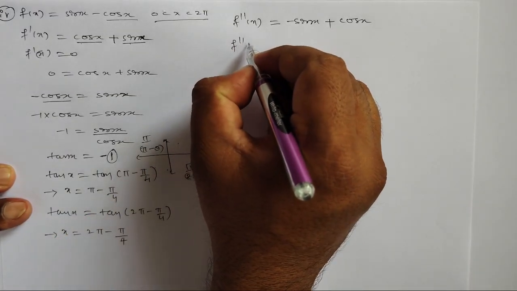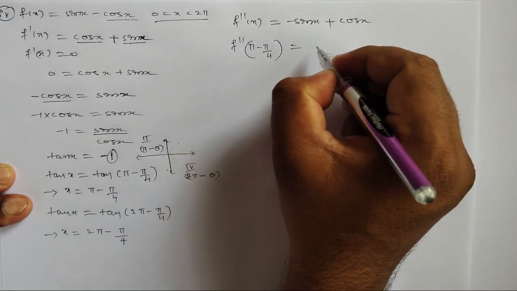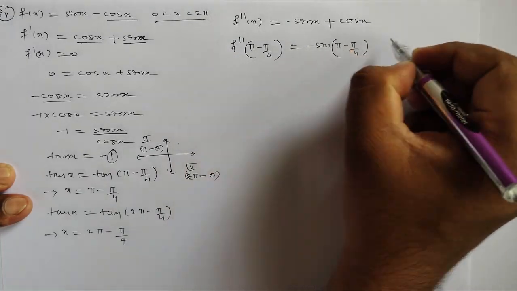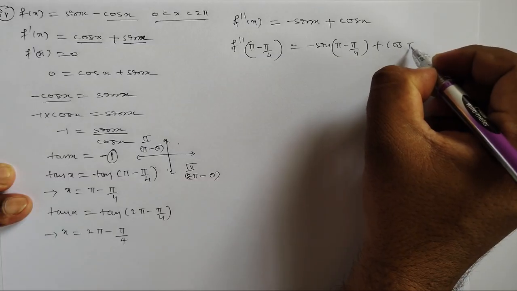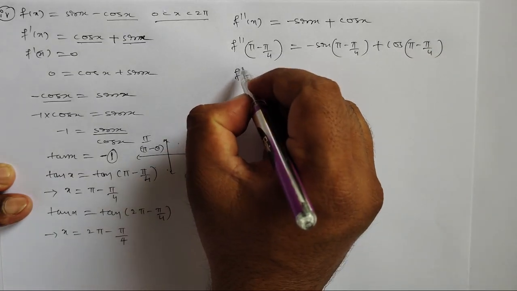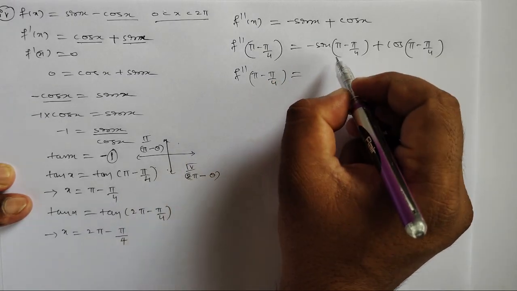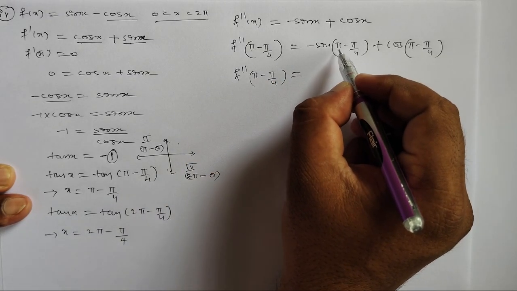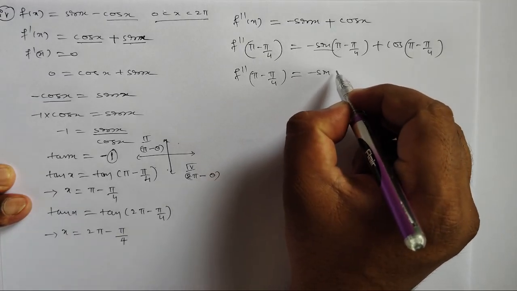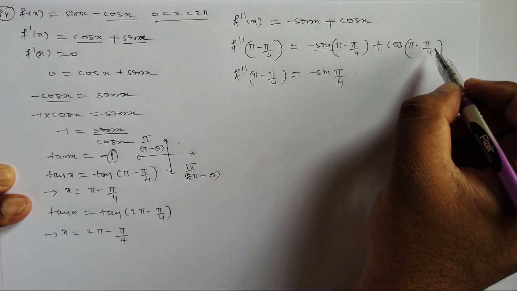f double dash of pi minus pi by 4 is equal to minus sin(pi minus pi by 4) plus cos(pi minus pi by 4). This is the second quadrant, where sin is positive, so this value becomes minus sin pi by 4.